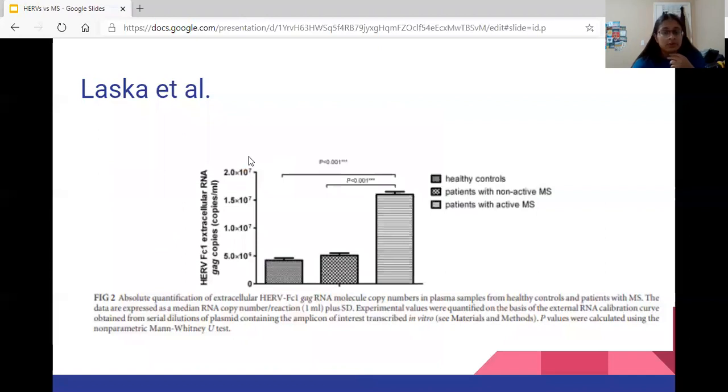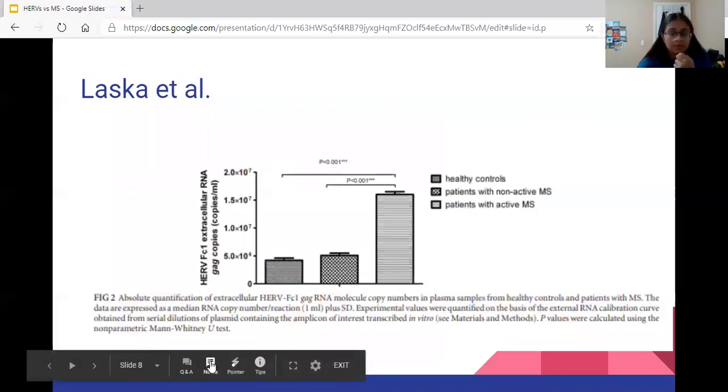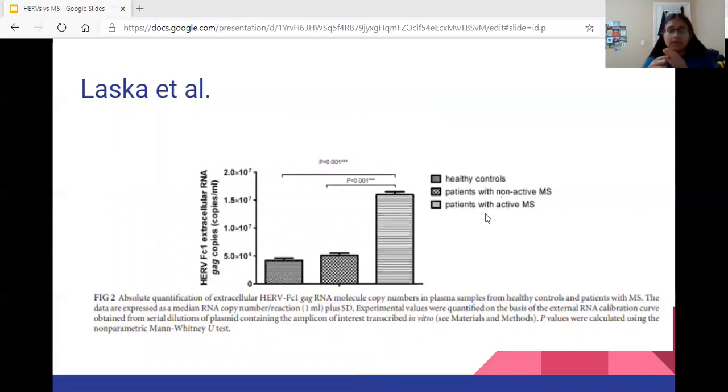Now we're going to move on to a study done by Laska et al. This graph that you see here shows the amount of HERVW GAG antigens in plasma, which means blood, across trial groups.